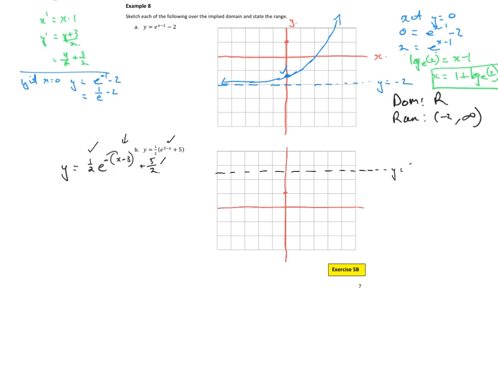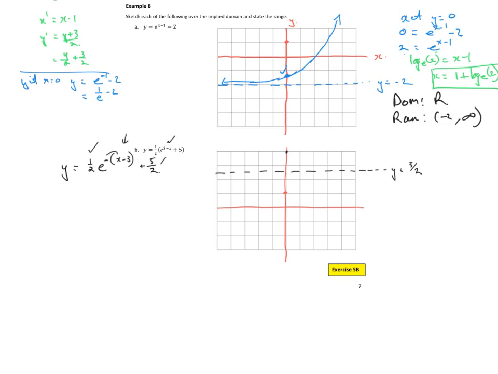So y equals 5 on 2. So it's reflecting about the axis and moving 3. So it would normally go through there. I probably moved it a bit high, doesn't matter.